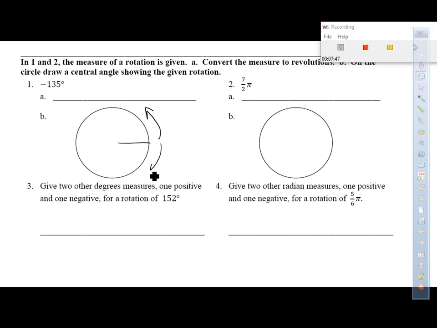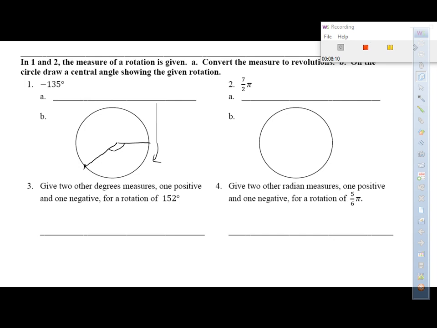If I go clockwise, I'm doing a negative rotation. The negative just means the direction that we're going. So in this case, we're going negative 135 degrees. So picture where that would be. I'm going to go this direction. Well, here is 180. So 135 must be somewhere in there.